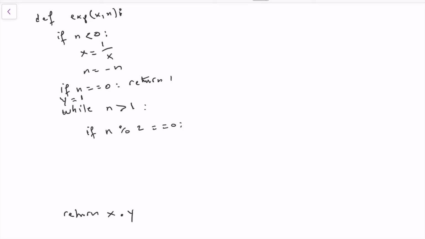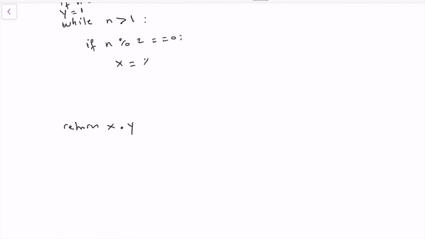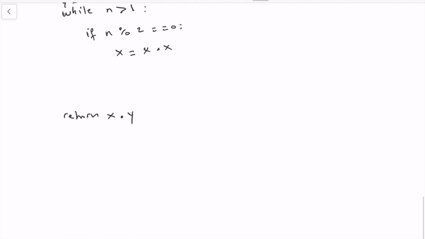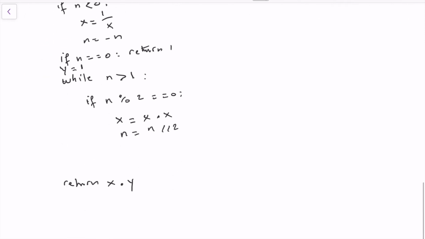And if n modulo 2 is equal to 0, y stays the same, but x becomes x multiplied by x. That's the new x value. And n becomes n divided by 2. Right? That's all it changes, and then it goes to the next iteration, which would be equivalent to doing the recursive call again.